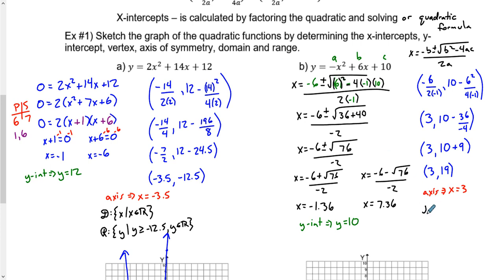Our domain, all real numbers. Range, y values. Now, because this would be a graph that would be going down, because of that a value being negative, it'd be less than or equal to the y value of our vertex, 19.